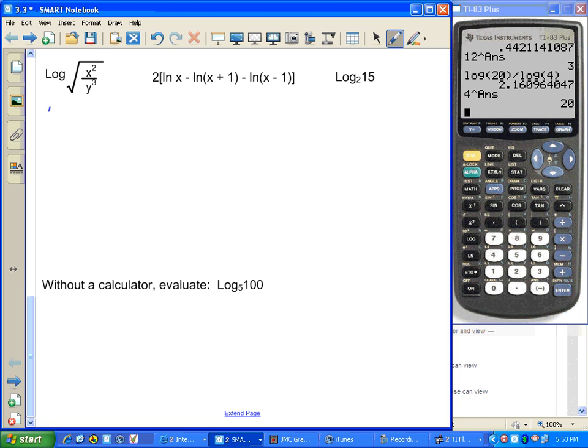You can just treat it as though you've got that half power on everything, or you could distribute the power into each one if you want. It'll all end up being the same, just different representations. So I'm going to keep it there because I don't want to distribute. So I'm just going to bring it down in front. So I'm going to have half log of this stuff.